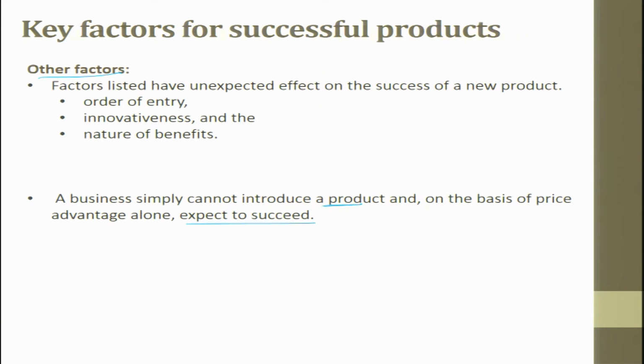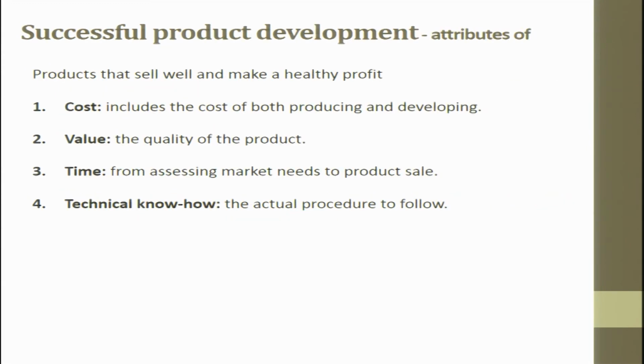No, it's not possible. So the successful product development attributes are: cost, value, time and technology know-how. Cost includes the cost of both producing and developing. The value is the quality of the product. Time is the time from assessing market needs to product sales.